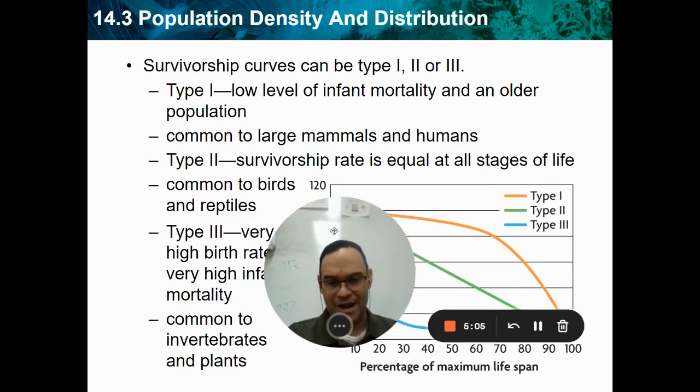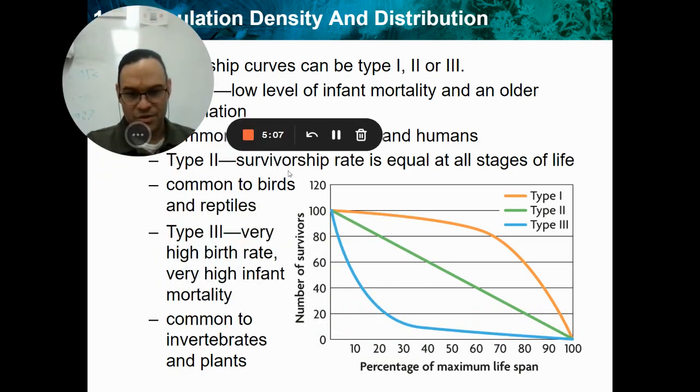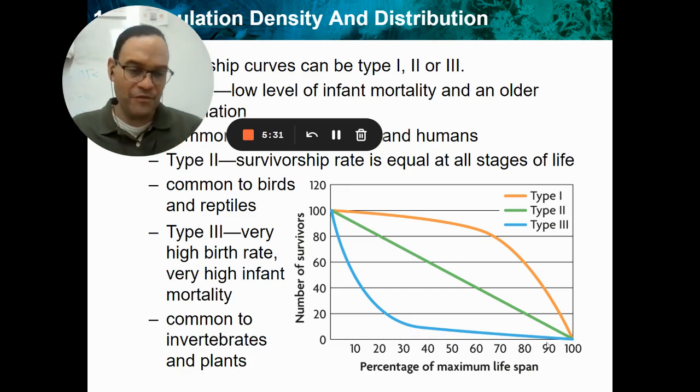And then here's a graph. Here's your type 1: flat, flat, flat, older, older, older, and then the survivorship plummets. Here's even for both. And in the blue one, it's a type 3 where you have fewer and fewer and fewer, and then as it flattens out, you end up with the same number of survival of lifespan, if you will, at the end.